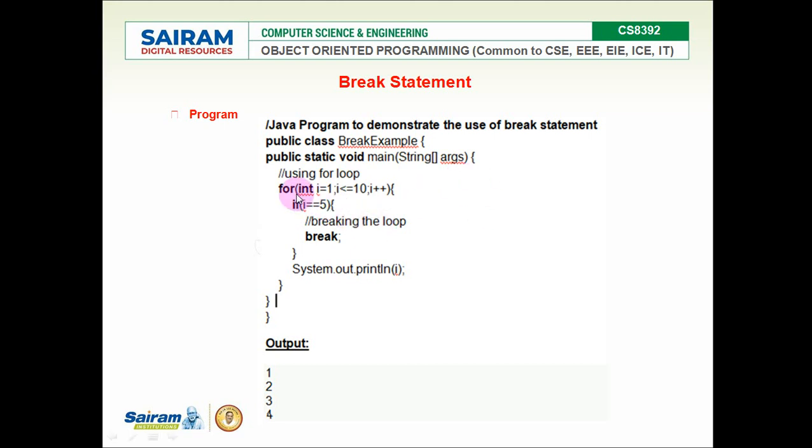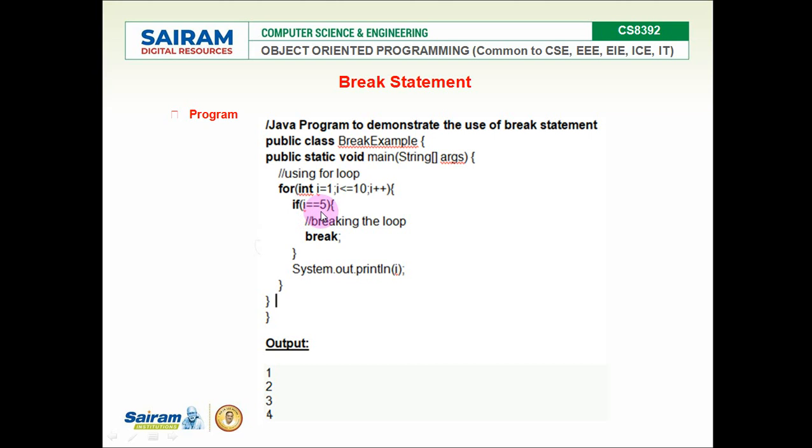Here I have a for loop, for int i equal to 1 to 10, which means the i value starts from 1 and goes up to 10. Inside the for loop, I am putting a logical condition: whenever i gets incremented, it checks whether i is equal to 5.